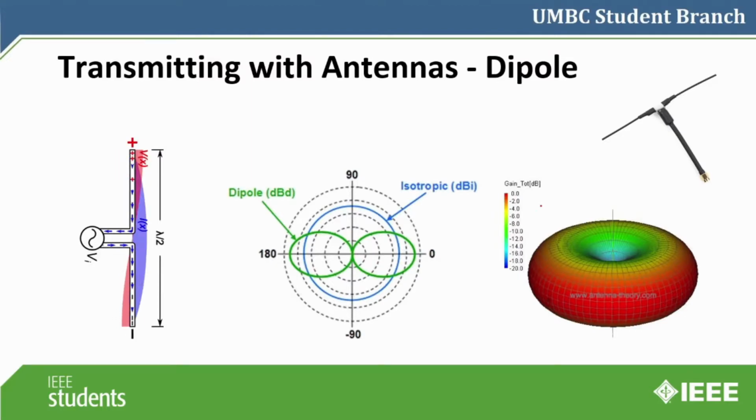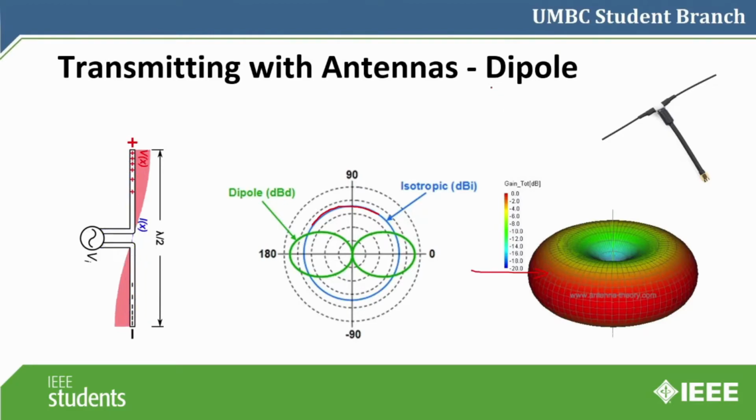Now, there are a lot of different antennas, and the concept of an antenna is that you shape the wire so that it transmits in a specific direction. So here is our isotropic map, and this is looking from like the side, from a 3D perspective. Here's our isotropic, which means that it's transmitting equally in all directions.